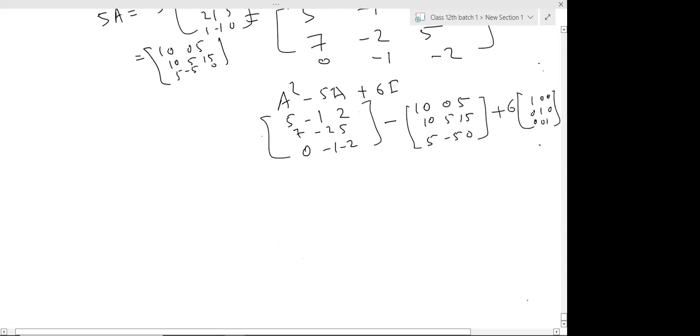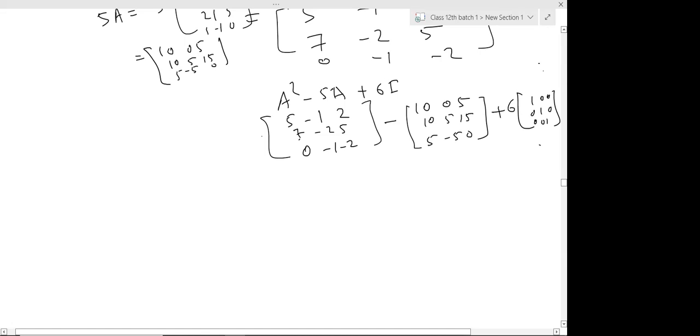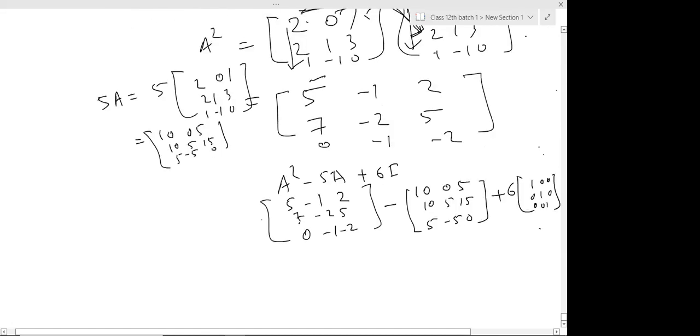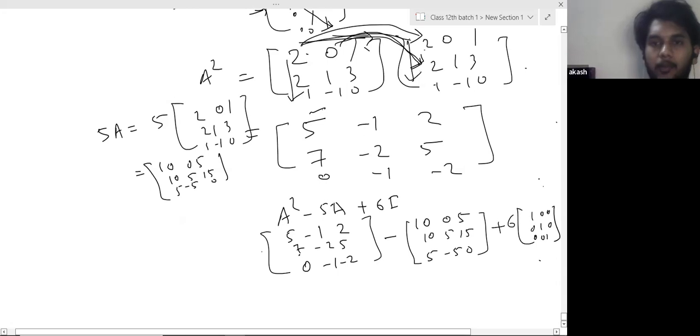Sir, I think the element 2 1 is 9, right? For the second row, first column of A squared, this. Let's see, 2 1. So second row, first column: 2 into 2 is 4, plus 2 into 1 is 2, plus 3 into 1 is 3, that makes 9, right? Absolutely right.